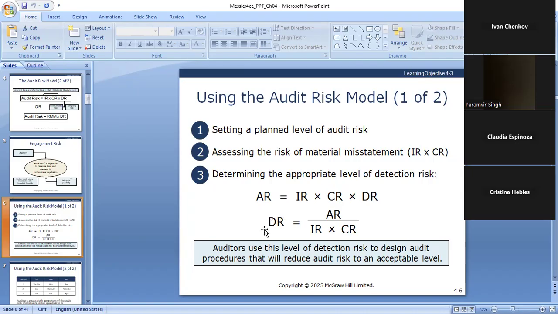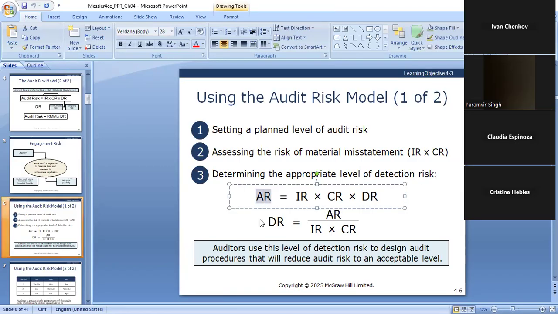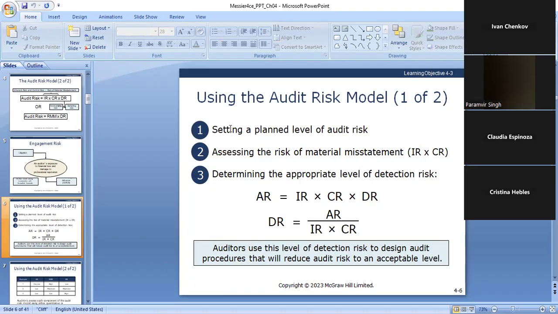Once we get the number for the detection risk, that shows how many procedures and how much time we have to spend in the company to bring the audit risk to that level. So we're going to use this level of detection risk to design the audit procedures that will reduce the audit risk to the acceptable level that we already set in the first place when we were setting the planned level of audit risk.